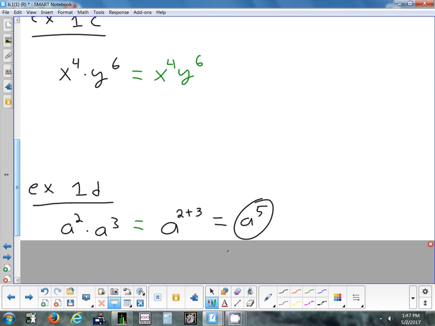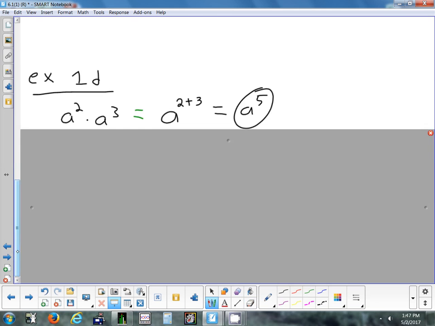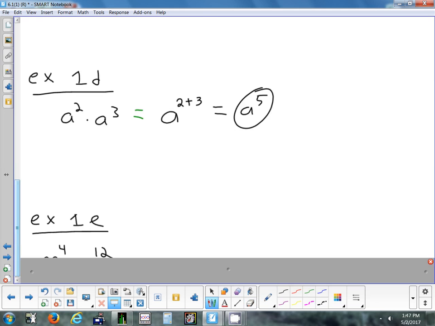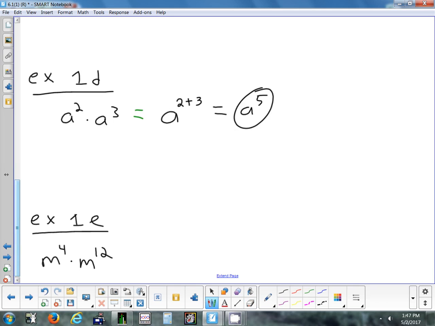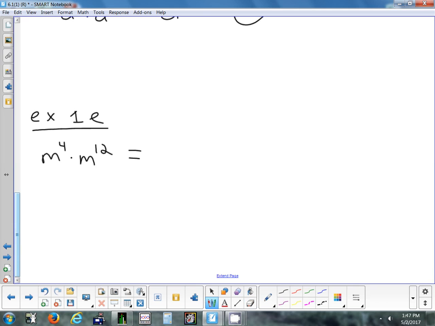I normally just write the final answer, though, for a problem like that. Some problems we do, they're going to be multi-step. Probably, maybe later today, but more tomorrow and Thursday. We're going to have to do multiple steps. Okay, but these are pretty much one step. There's not a lot of work to show. 1E, M to the 4th times M to the 12th.